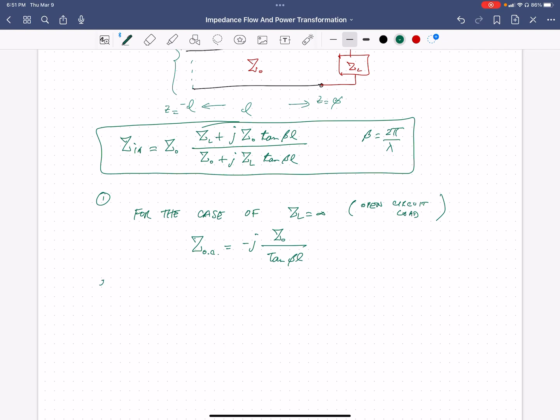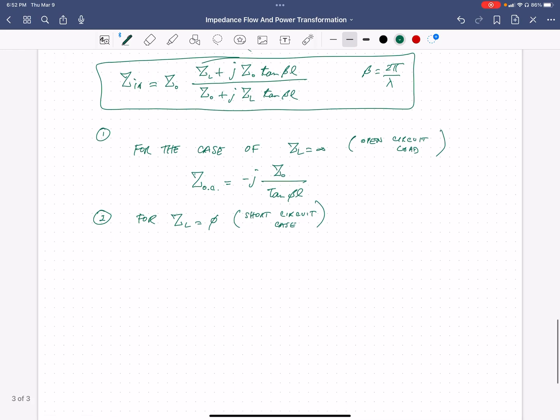And then similarly for Z sub L equal to 0, which means the short circuit case, I'm going to call that Z short circuit.